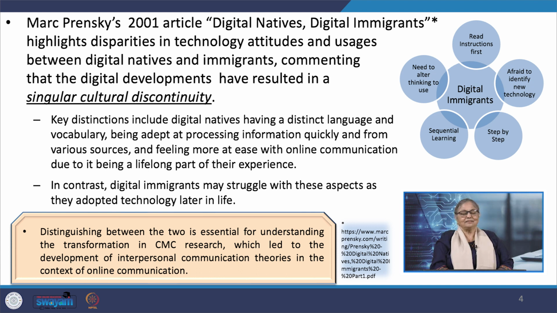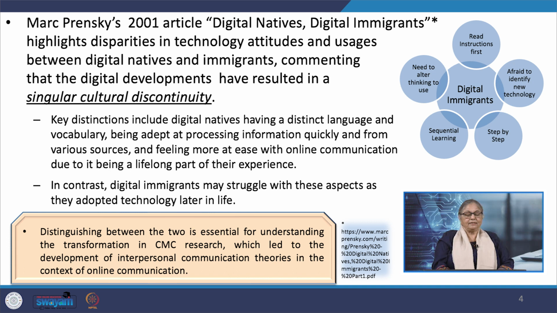Key distinctions include digital natives having a distinct language and vocabulary, being adept at processing information through technological modes and means quickly and from various parallel sources, feeling more at ease with online communication due to it being a lifelong part of their existence. In contrast, digital immigrants may struggle with these aspects as they adopted technology at a later stage of their life.